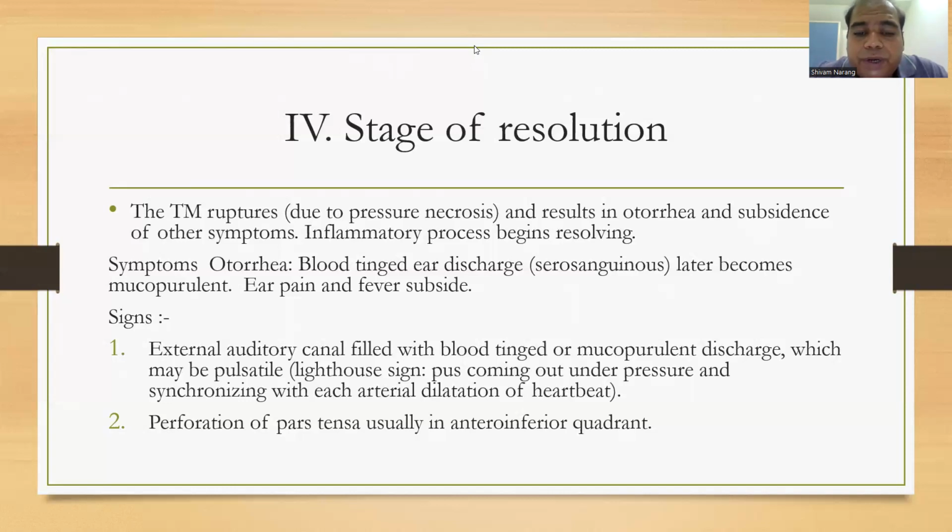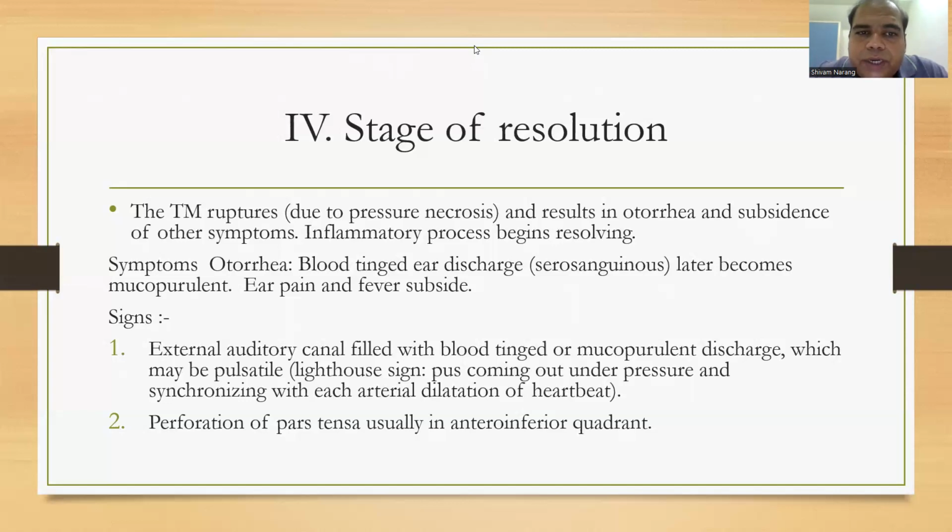But the inflammatory process is still there. As the infective load gets decreased, the inflammatory process starts to resolve. So the complaint in this stage will be otorrhea, that is discharge from the ear.